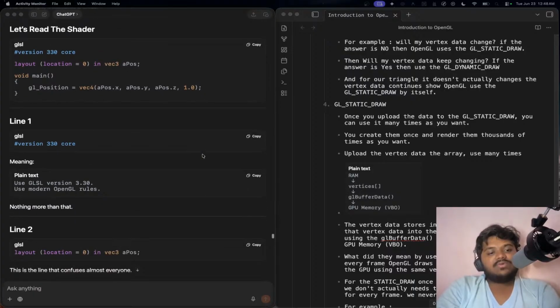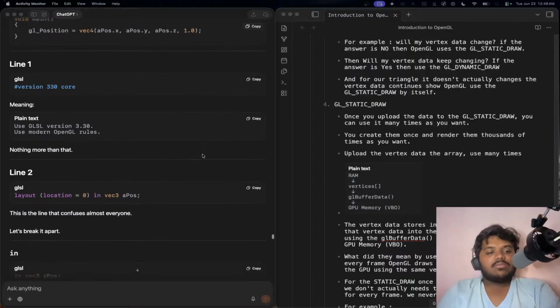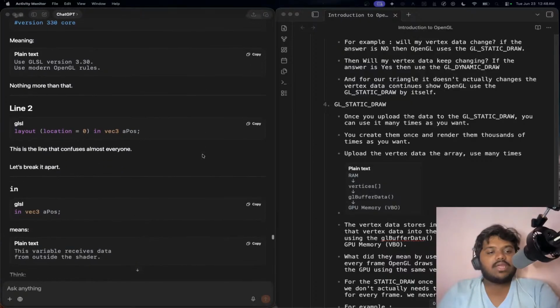So line one is the version of OpenGL, and the version of GLSL, this shader language, I would say. So it uses the modern OpenGL rules and nothing more than that. Then line two is the line that confuses almost everyone. Let's break it apart.